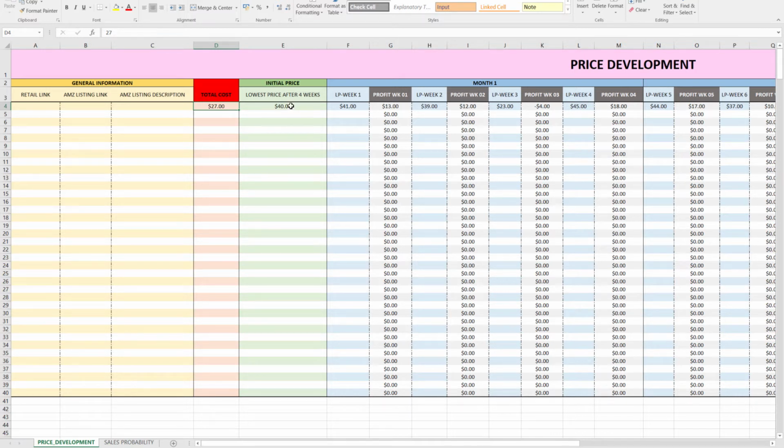Next up is the initial price, and that is the lowest price after 4 weeks. So not the price you see now when you're checking out the listing.